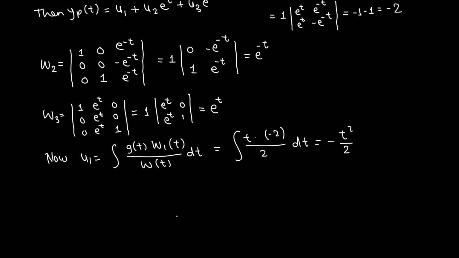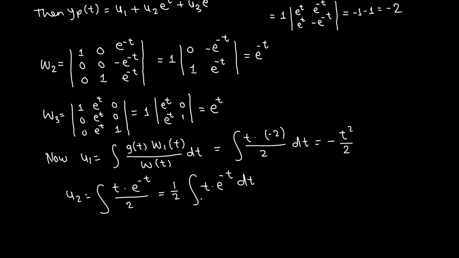In the same way, u2 is the integral of g(t), which is t, times w2, which is e to the negative t, over w, which is 2, and we can take 2 outside: 1/2 integral of t times e to the negative t dt, which is a product of two functions, t and e to the negative t.